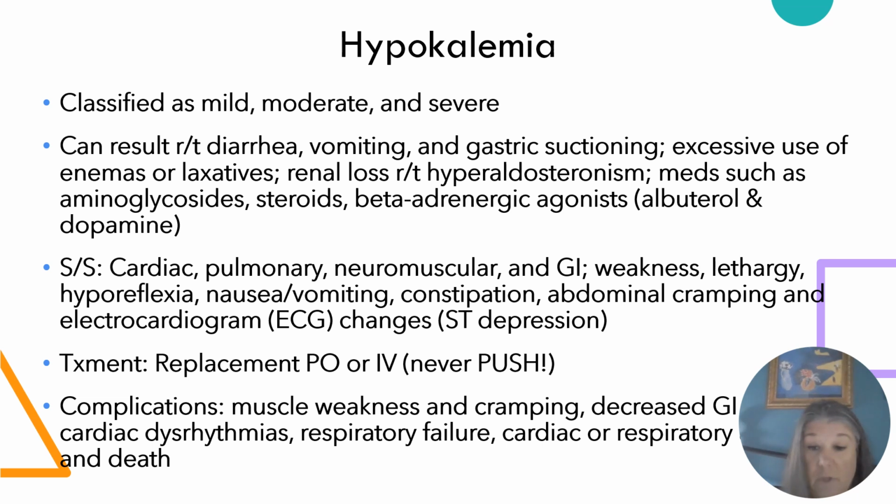I'm going to explain that more with ABGs, all right? But just be aware that nasogastric suctioning can be a problem because I'm pulling out that stomach acid, and with that, I'm pulling out electrolytes. So I can cause myself a hypokalemic state.